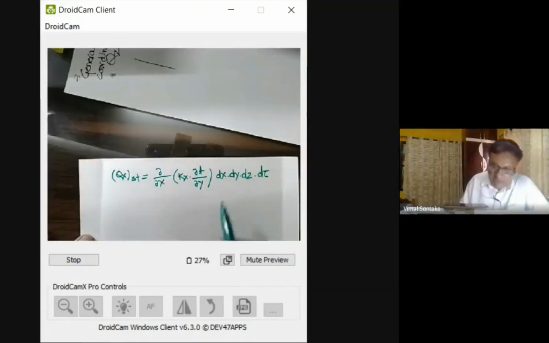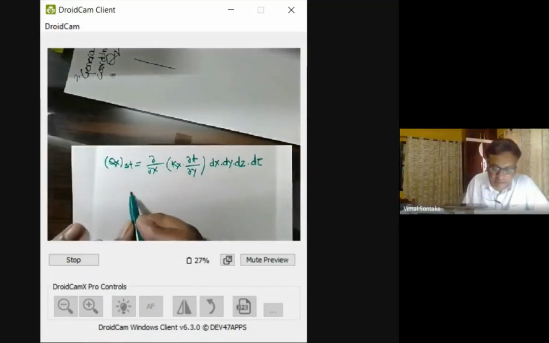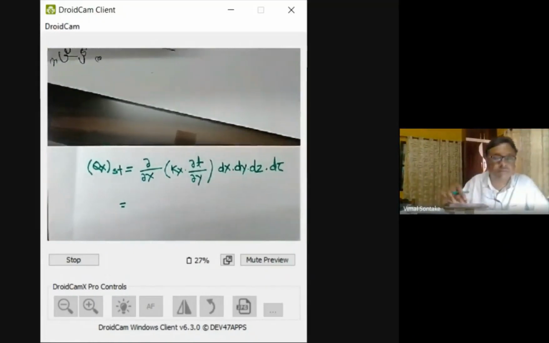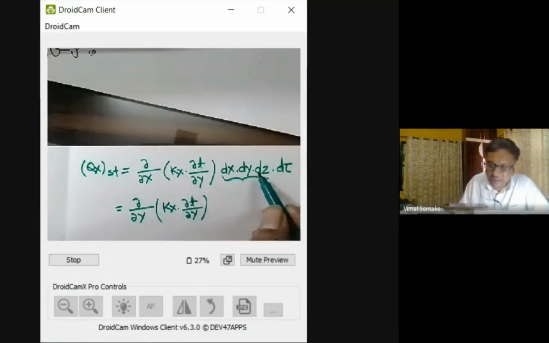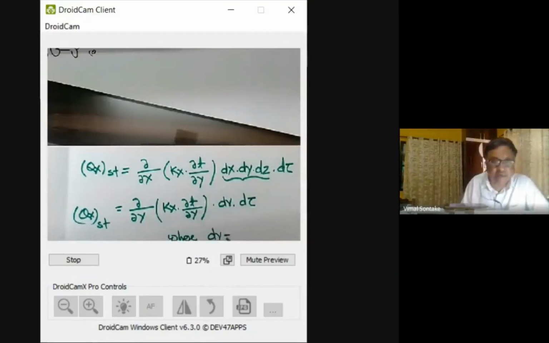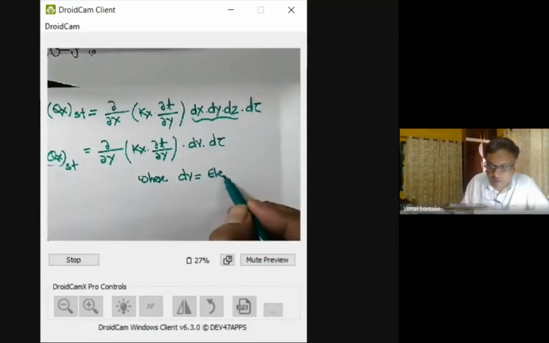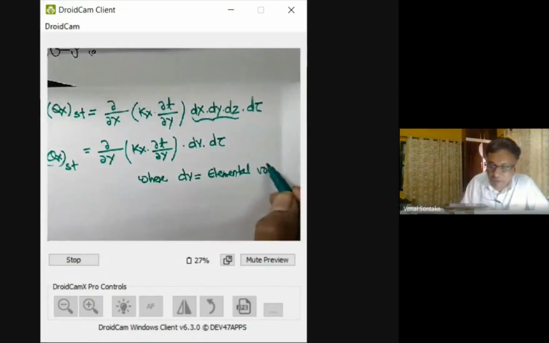Okay. Now further I can simplify this expression as del over del x of kx into del t over del x, and dx dy dz is nothing but the volume of this elemental parallelepiped, where dv is the elemental volume of the parallelepiped.